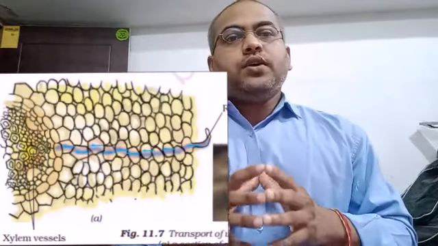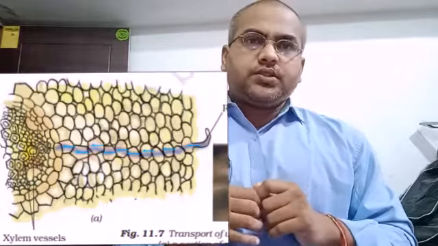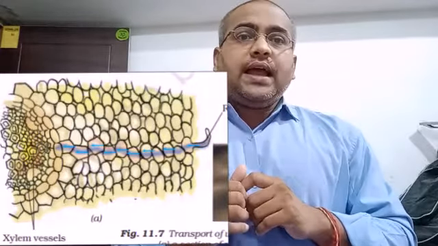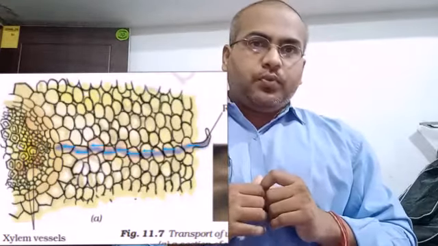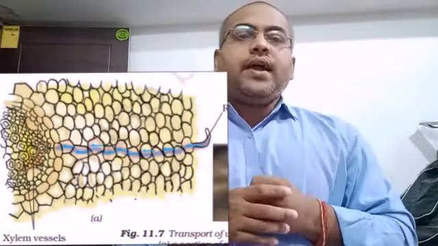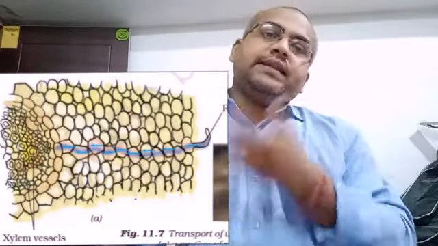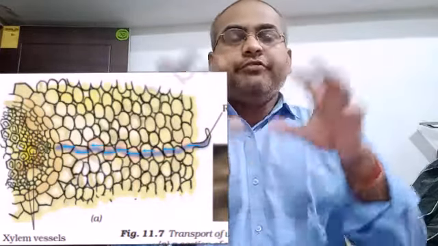Every root has root hairs, thread-like structures, and these have very small pores which absorb water and mineral nutrients from the soil, and then send them to the entire plant body.